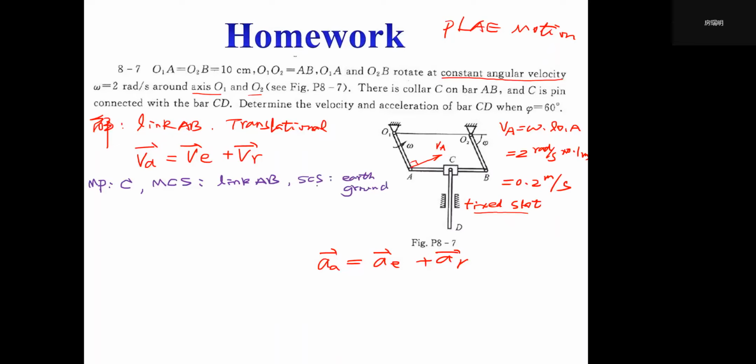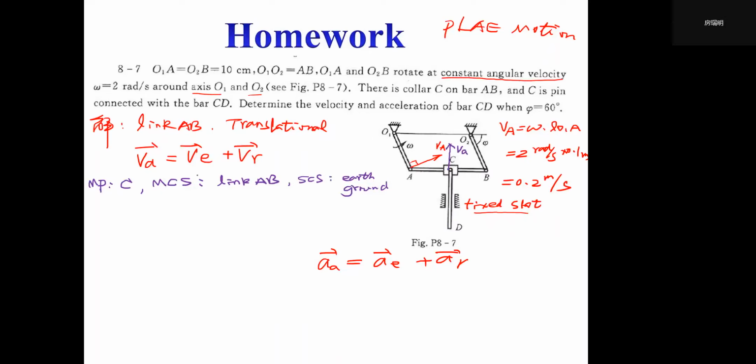So Earth ground. And because of the guidance of this fixed slot, this CD only can move upward and downward. So this point C, our moving point, is also a point on CD. So its absolute velocity will be along this direction. It's hard to draw a beautiful picture, but here should be VA.